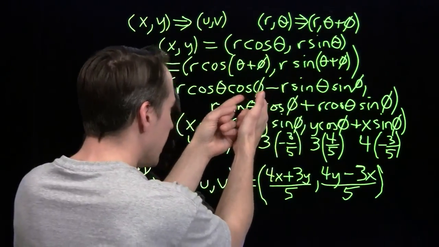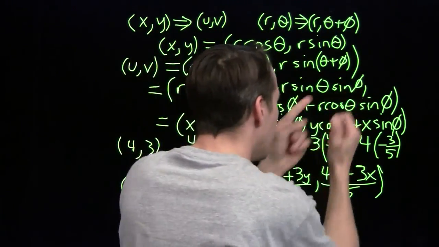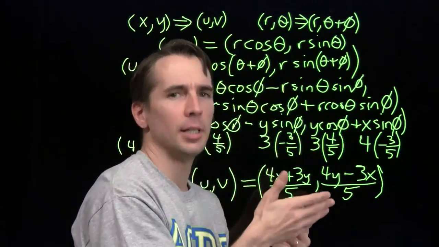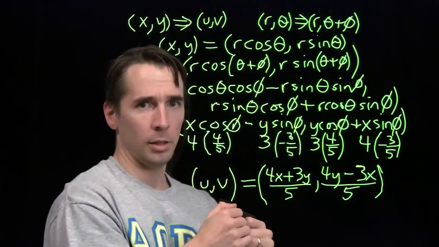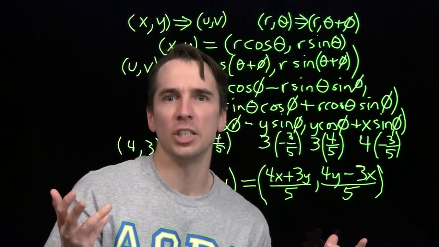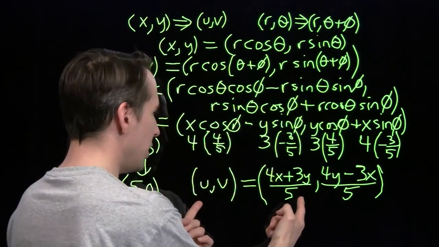Nothing happens to the cosine. Cosine phi is the same as cosine negative phi. The sine of negative phi is the opposite of the sine of phi. So all we have to do to go backwards is flip the signs on the sines. That's how we're going to go from this to something that looks just like it with the x's and y's in terms of u and v.